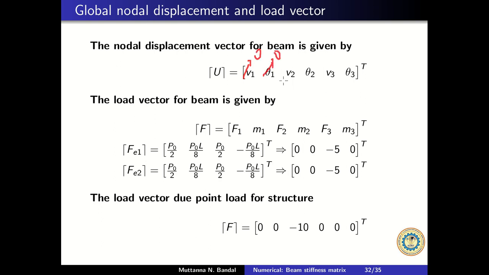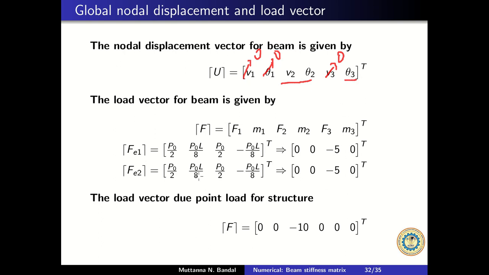And since there is no support, we don't know the value here. Also V3 is equal to 0 because there is a support there, but it is a roller support, so theta 3 won't be 0. So the unknown terms will be V2, theta 2 and theta 3.